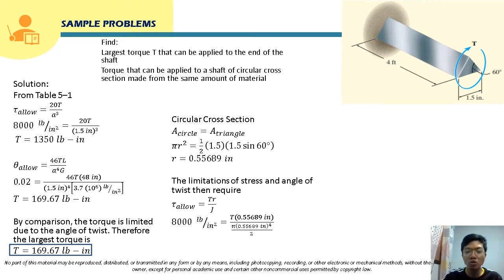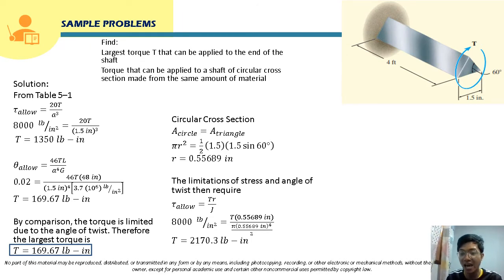So this will be equal to T times the radius that we computed, 0.55689 inch, over the polar moment of inertia J. The polar moment of inertia J is pi over 2 times radius to the fourth. That's why it becomes pi times 0.55689 inch to the fourth over 2. We can now solve for the torque T, which is equal to 2,170.3. The unit is pound inch.